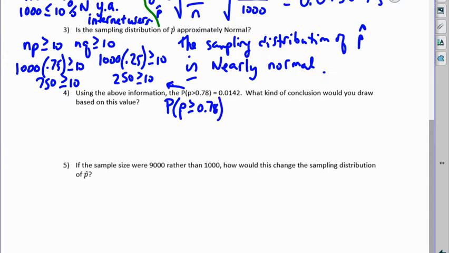So whether or not you have the greater than, or the greater than or equal to, it doesn't change the probability at all, because in continuous cases you can't find probability of a line. So what kind of conclusion would you draw from this value? I would say that this is much lower than 0.05.